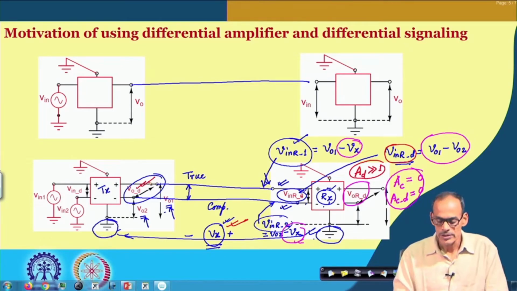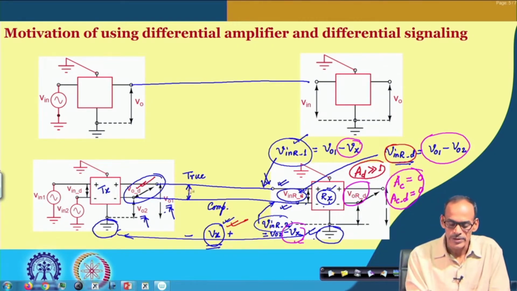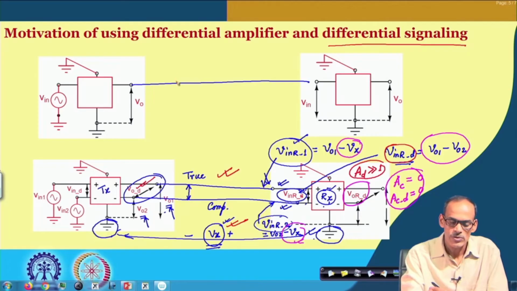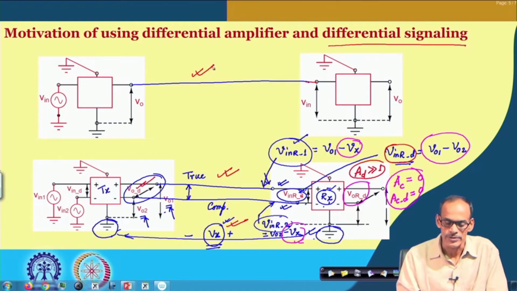So, this is the basic motivation of going for a differential amplifier, and the kind of signal coupling in this case is referred to as differential signaling, versus the signal coupling we have done here, which is referred to as single ended signaling.